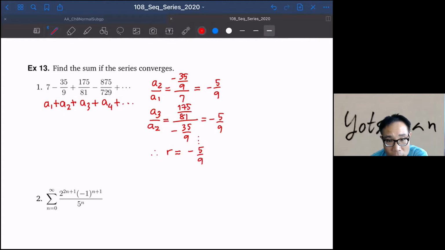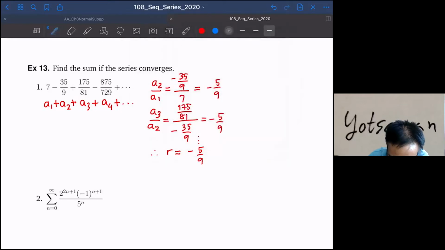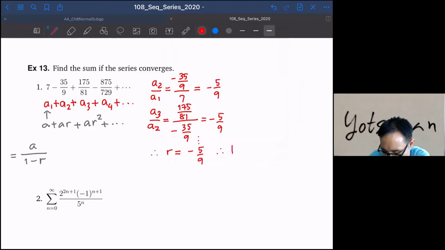So this will give you the common ratio, and you have your A equal to A1. So this will be A plus AR plus AR squared and so on, which becomes A over 1 minus R. And you know also that the absolute value of R equal to 5/9 is smaller than 1. So basically plug in.